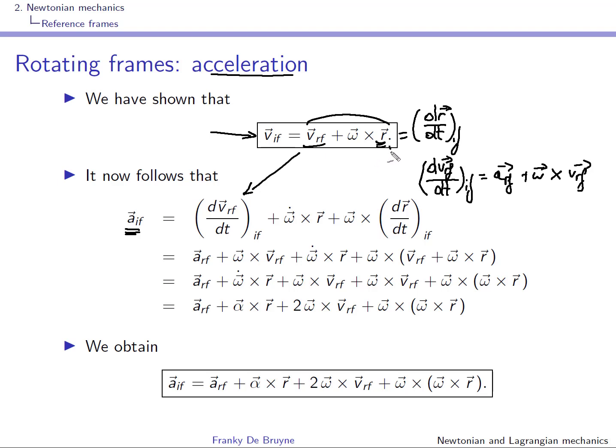When I take the time derivative of this one, it will produce two terms, this one and this one. So the derivative of this one, there you have it, cross product with position vector r, and then another term with omega, cross product with the time derivative of this one, with respect to the inertial frame.